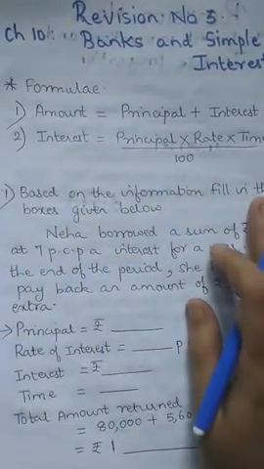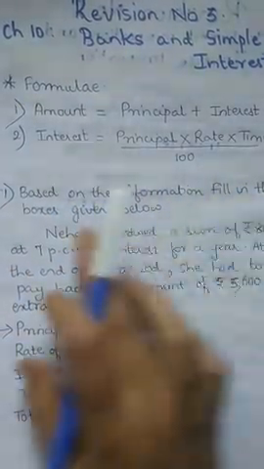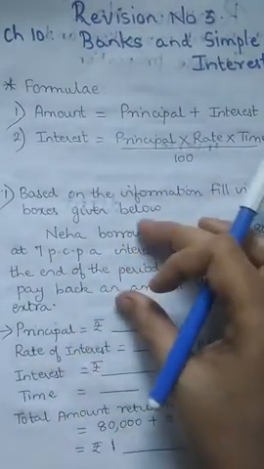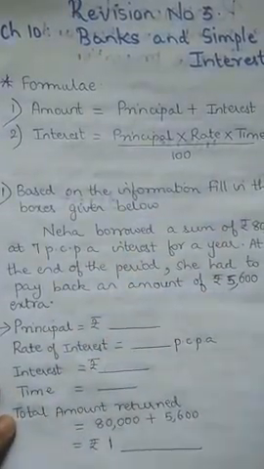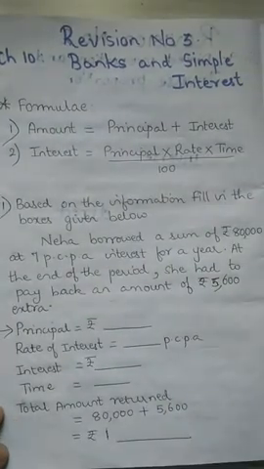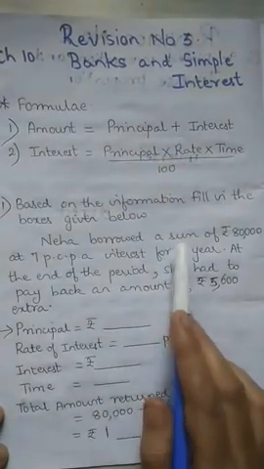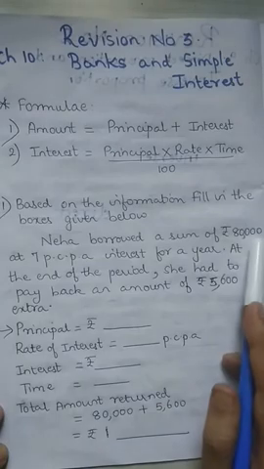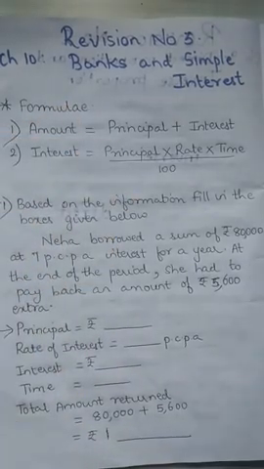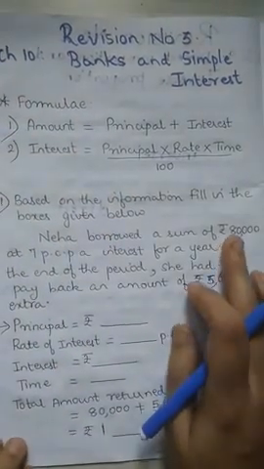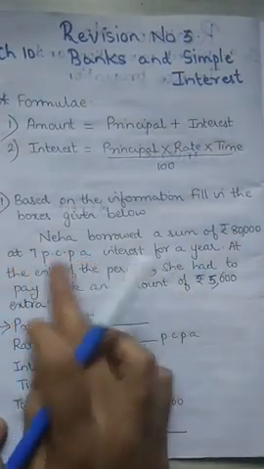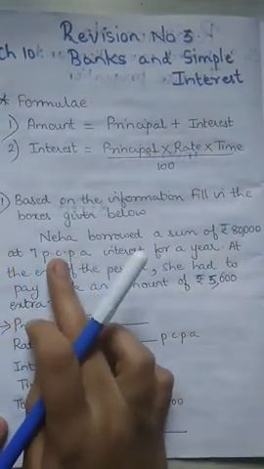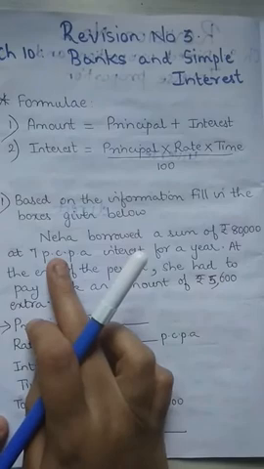Based on the information, fill in the boxes given below. Let's see what is the information given. Neha borrowed a sum of 80,000 rupees. Borrowed means this becomes my principal. At 7% per annum. 7% per annum becomes my rate of interest.